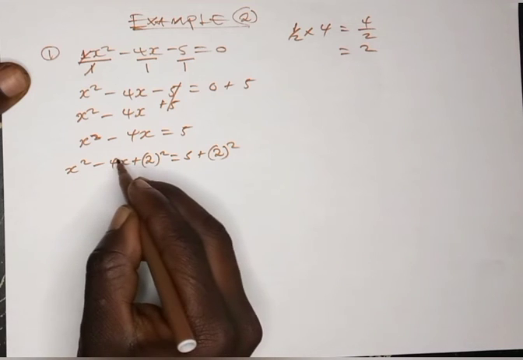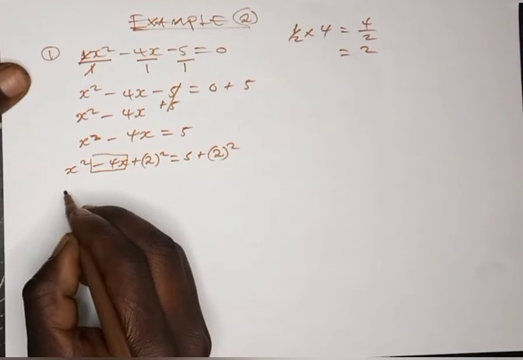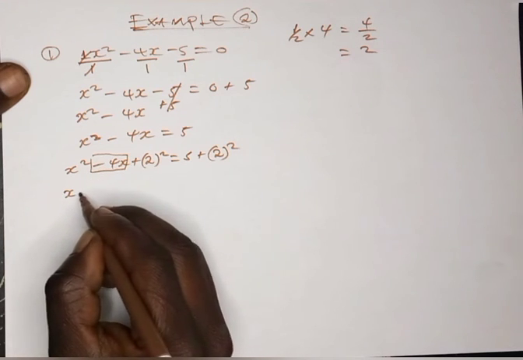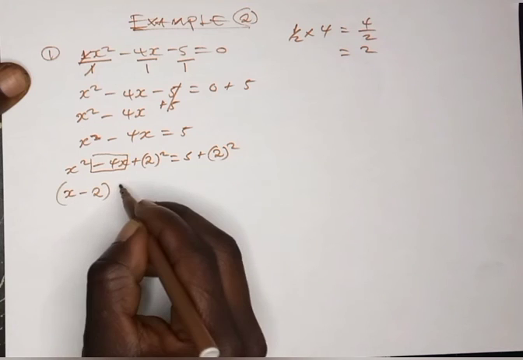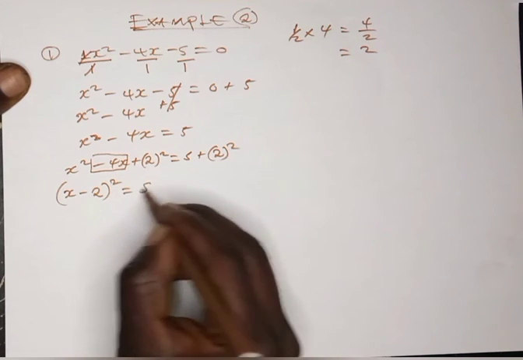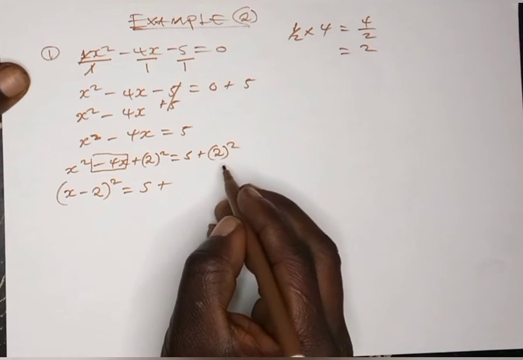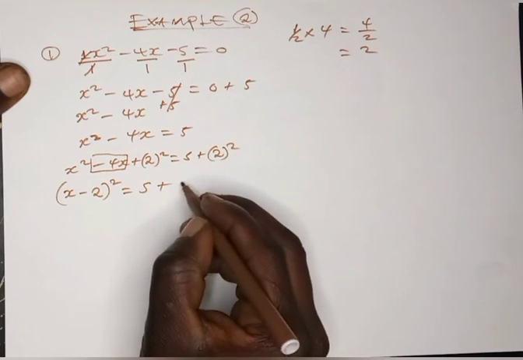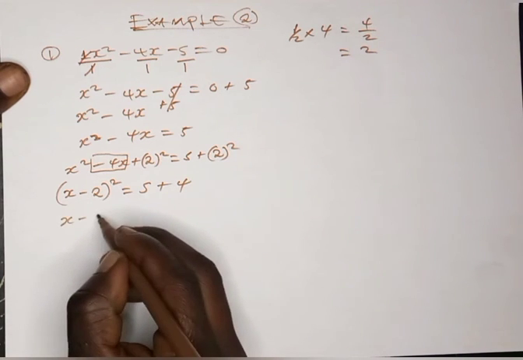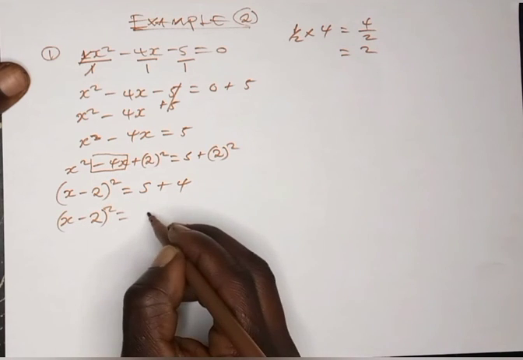Then we eliminate the negative 4 and remain with x, but we maintain the sign: x minus 2 squared equals 5 plus 2 squared, which is 4. Then x minus 2 squared equals 9.